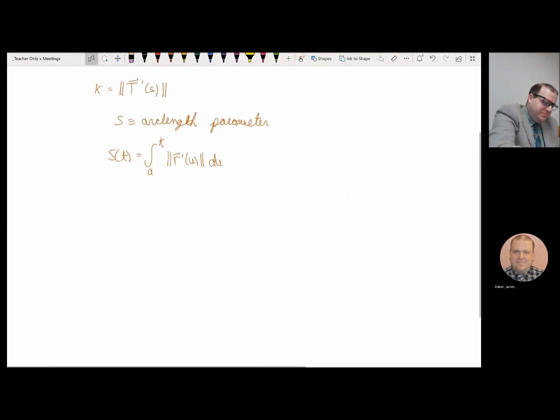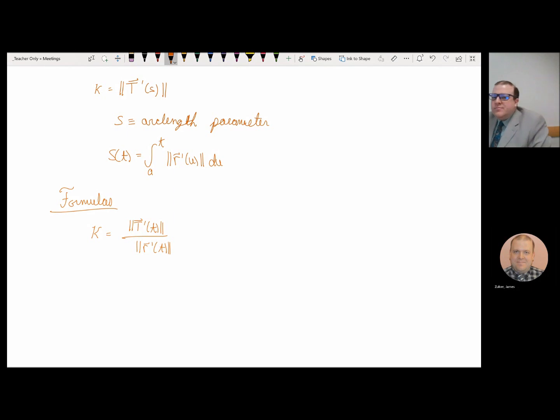First, the magnitude of T prime over the magnitude of r prime.